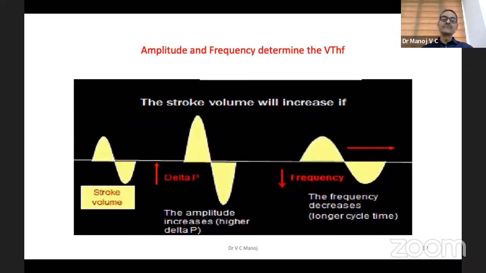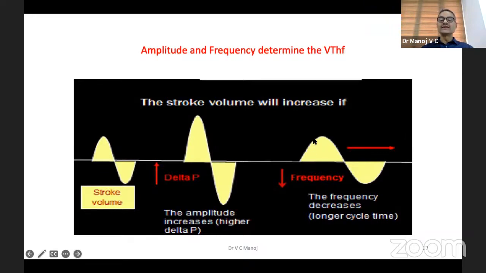Why does this happen? Well, the amount of CO2 washed out can be represented like a stroke volume of the whole process. So when you increase the delta P, the volume, the area increases. But when you increase the frequency, what happens?